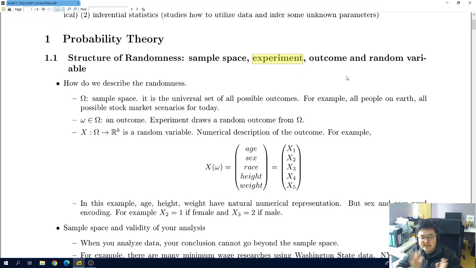In statistics, by the way, there are many different approaches, different philosophies to understand randomness, like Bayesian and frequentist. None is wrong. All are correct and all have their strengths and weaknesses.